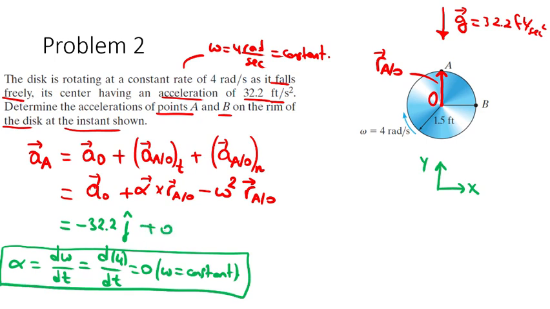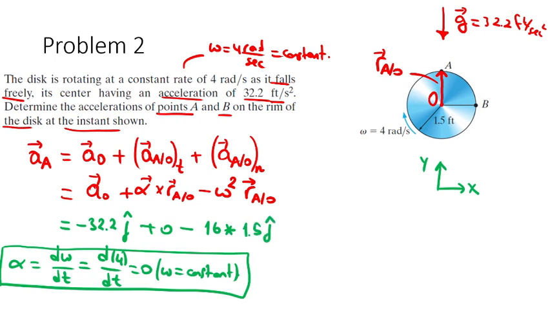So plus 0 minus omega squared, which is 16, times R of A with respect to O. R of A with respect to O is 1.5 feet, and it is in the up direction, so it will be 1.5 in the j direction.